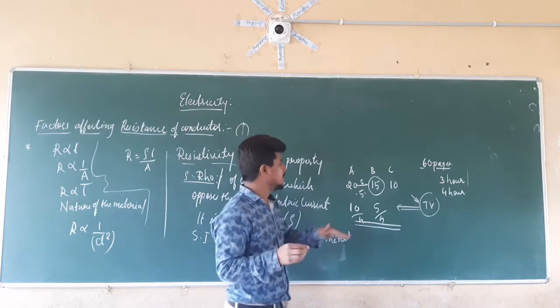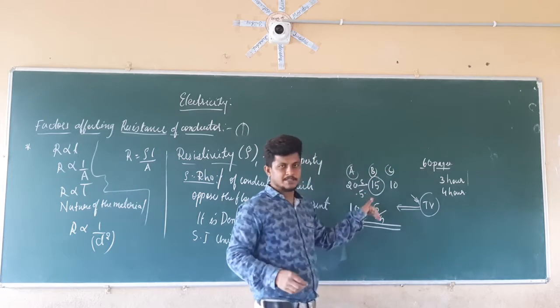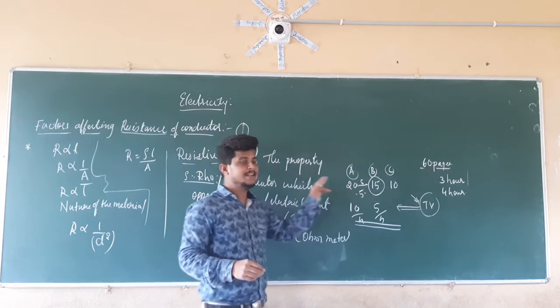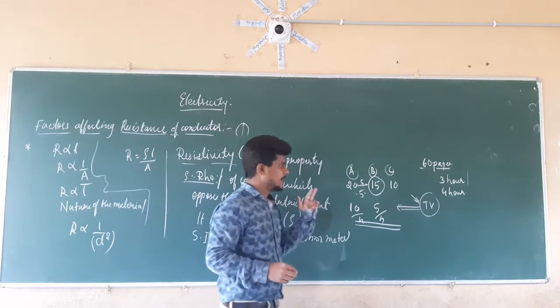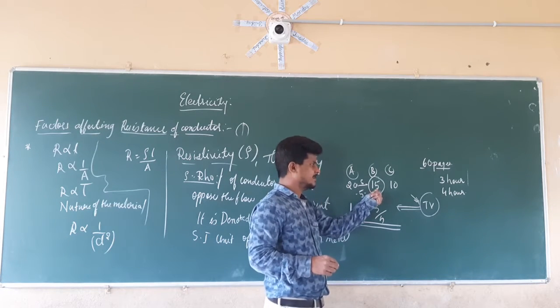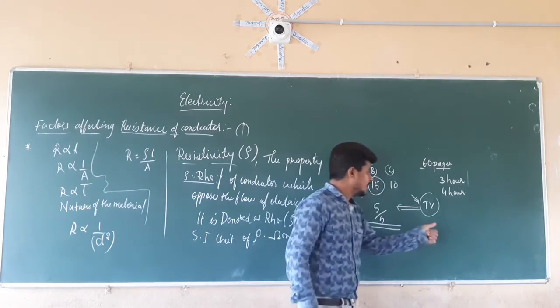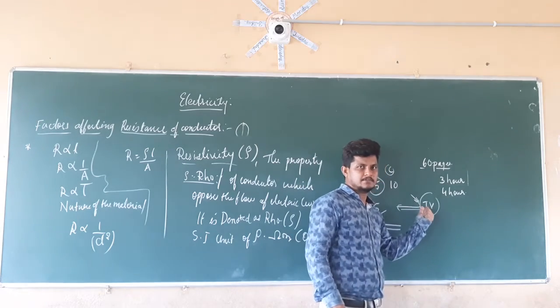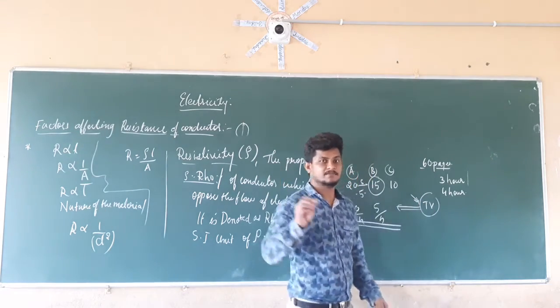In the same manner, whatever the property is present here, in this case it is nothing but the resistivity. Whatever the external TV we are taking here, it is nothing but the resistance.